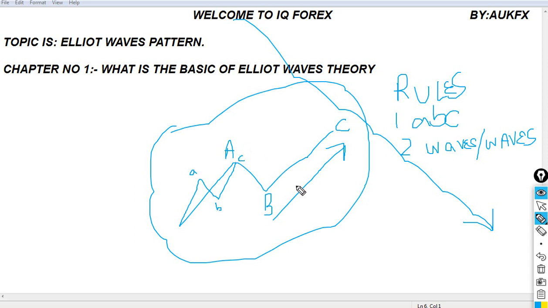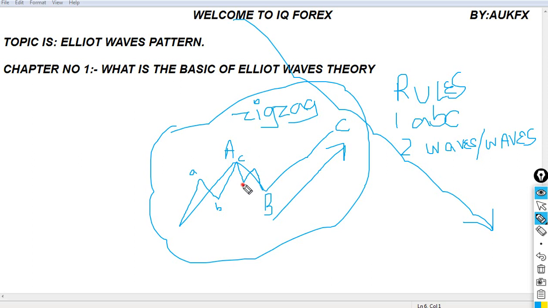So see how I give the names to the waves. I will better understand that this is my major trend and this is my major correction part of ABC, that is also called a zigzag. This is called a zigzag, and zigzag patterns are called corrective patterns, right? Now in this part, A to B, the bigger capital A and capital B, there must be a zigzag also in it.